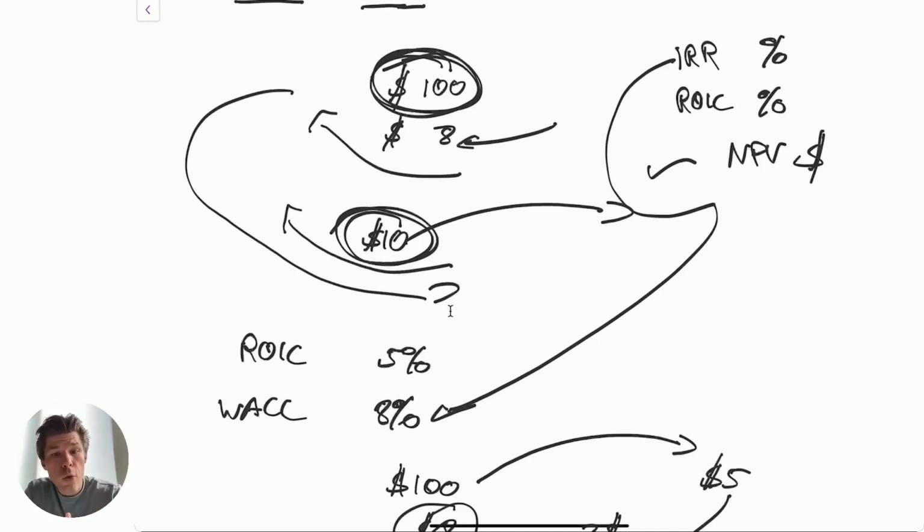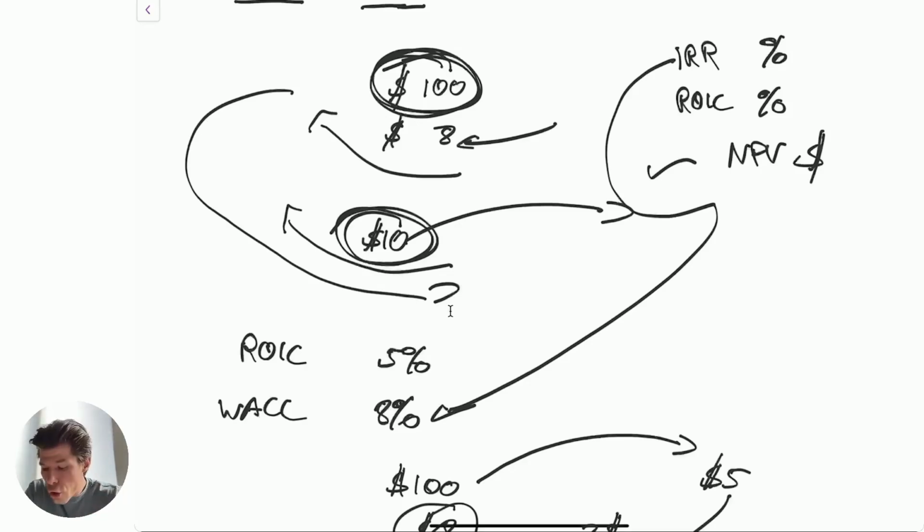So IRR is forward-looking and used for individual projects. ROIC is backward-looking and used at the company level. It tells us how efficiently the company has used capital historically to generate returns.